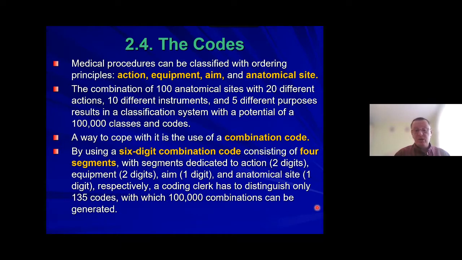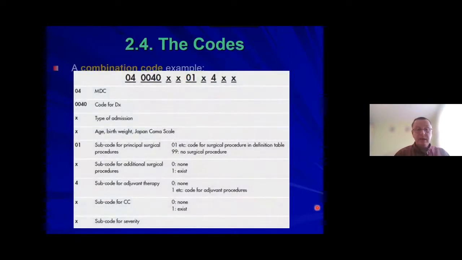So a 6-digit combination code consists of 4 segments, dedicated to action, 2 digits, equipment, 2 digits, aim, 1 digit, and sites, 1 digit, respectively. The coding clerk has to distinguish only 135 codes, while in total the required 100,000 combinations can be generated and achieved. And here is an example of a combination code.